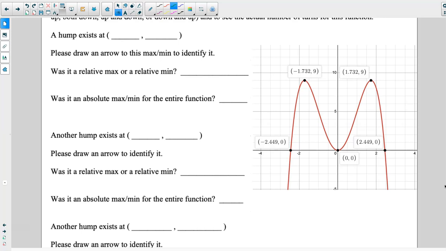We'll have a positive 2.5, comma 0. I got 0, 0. And then it looks like 1.7, positive and negative. And both have a y-coordinate of 9.